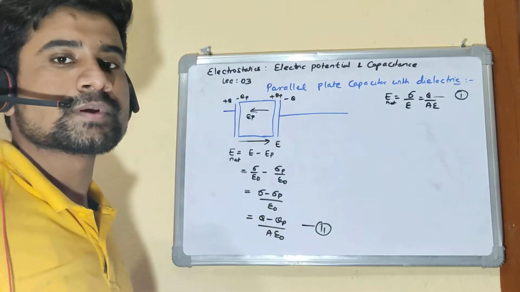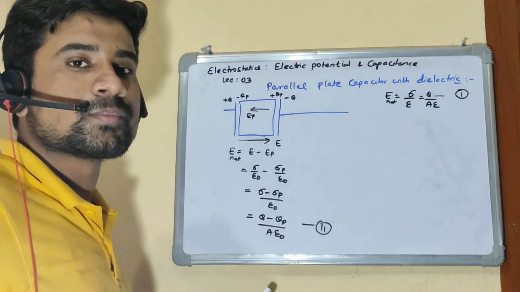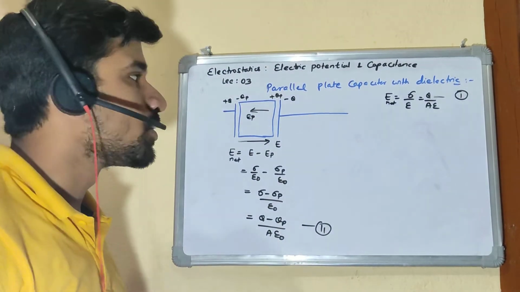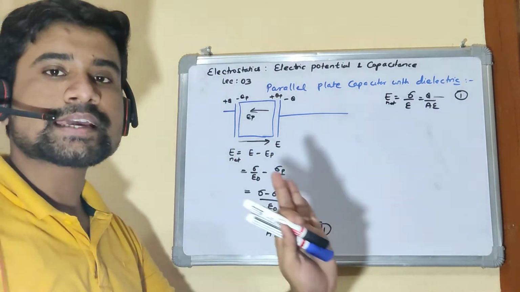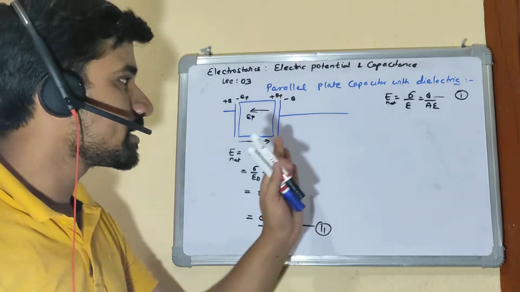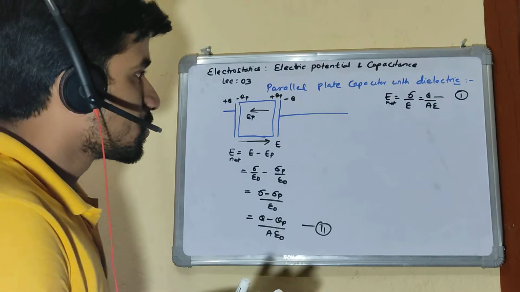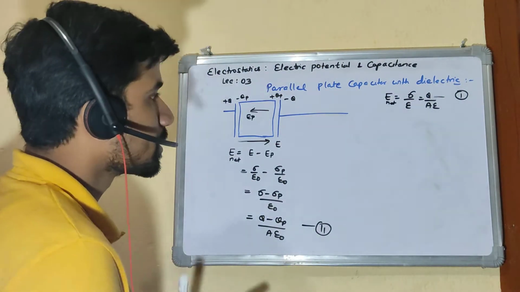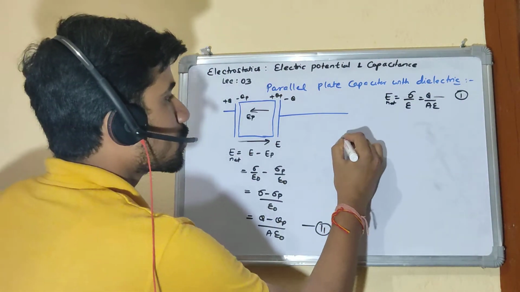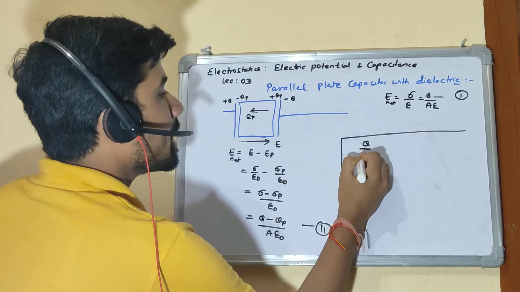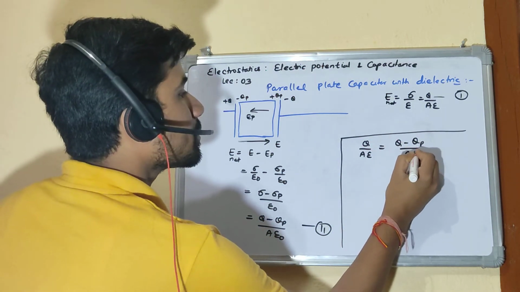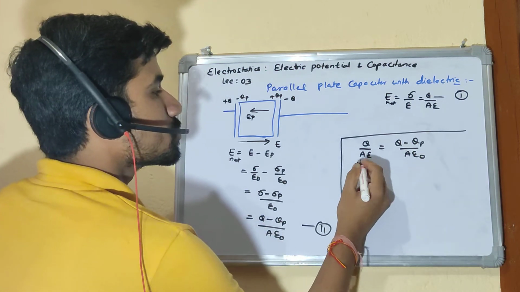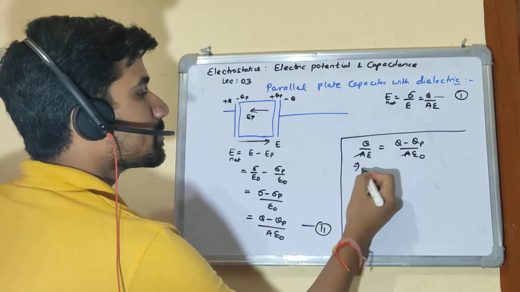Clear? So now you see equations 1 and 2. LHS is nothing but net electric field, so LHS is equal, RHS will be equal. If I equate it, it becomes Q by A epsilon equal to Q minus QP by A epsilon naught, right? So A will cancel out.